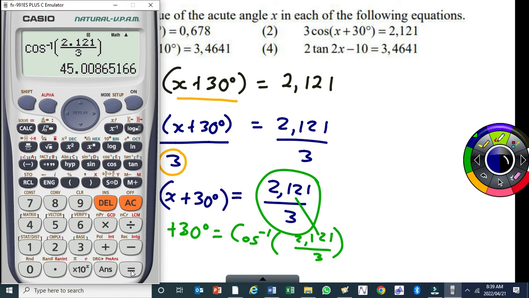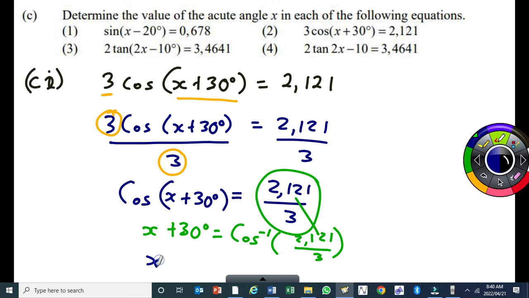So the size of the angle, well, in this case, they didn't tell us to what decimal place, but let's round off to 2 decimal places. So this will be 45,01. But we have to take the angle as it is because it's not the final answer. We only round off the final answer. So I'll leave it as it is in my calculator. I'll just write it 45,008 dot dot.